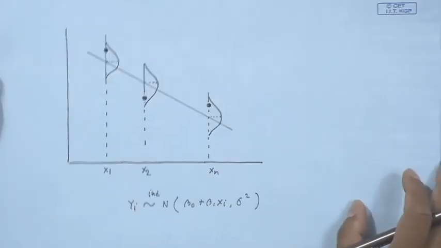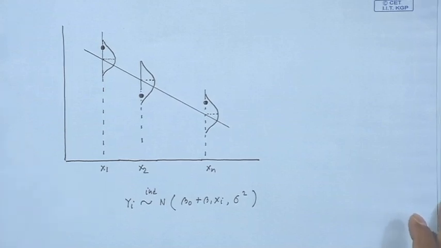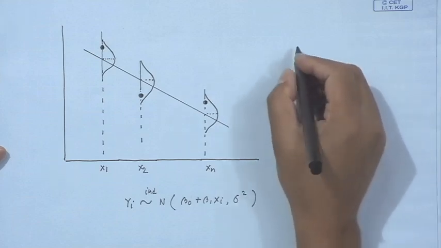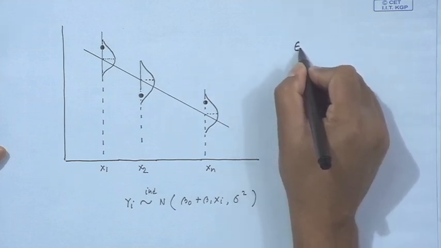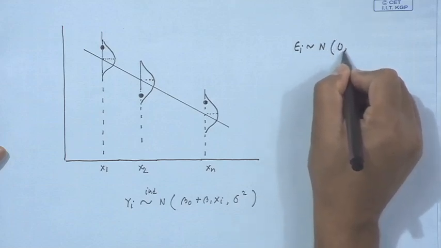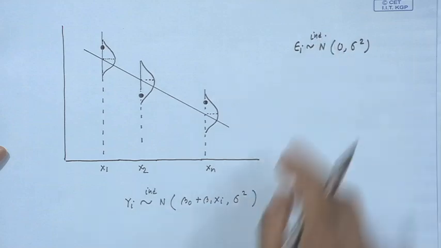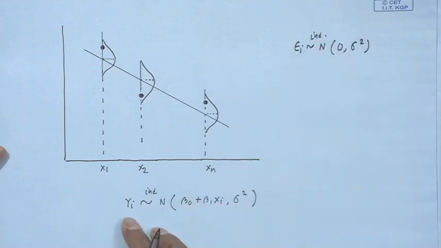Let me once again graphically say how this assumption is illustrated in this figure. We made the assumption that epsilon I follows a normal distribution with mean 0 and variance sigma square, and they are independent. The consequence of that in terms of the response variable is that y I follows this.